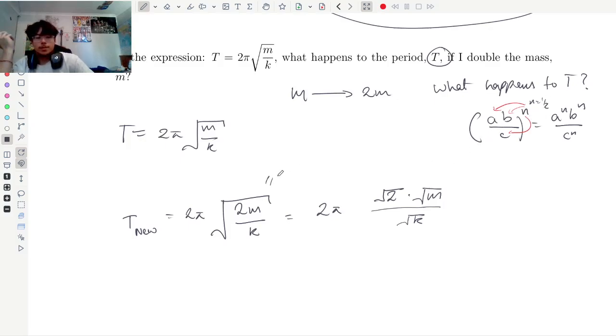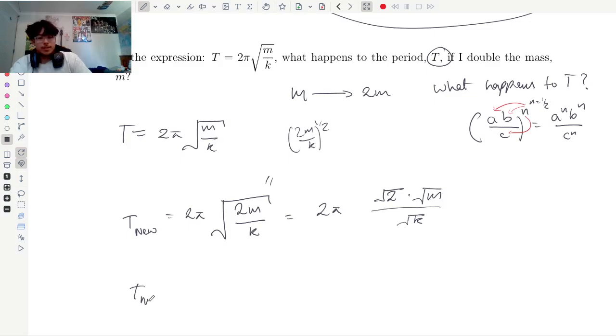So this is exactly the same as 2m on k to the 1/2, right? And since all of these terms are multiplied by each other, by the associative property of multiplication, I can move them around.